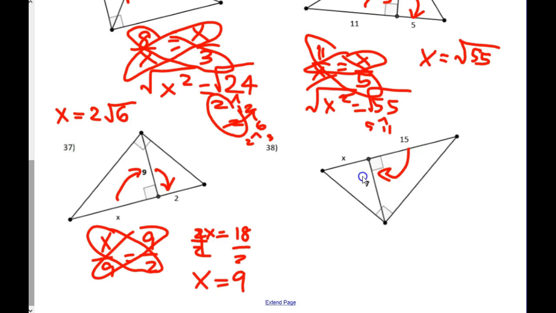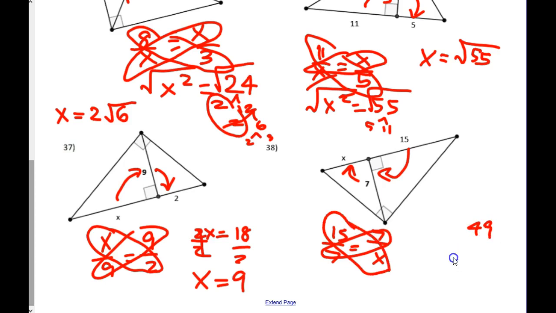And then last one. 15 over 7 equals 7 over x. 7 times 7 is 49. 15 over x, 15 times x is 15x. Divide by 15. That ugly fraction does not reduce. So we'll leave it at that. Alright, and that's your review.